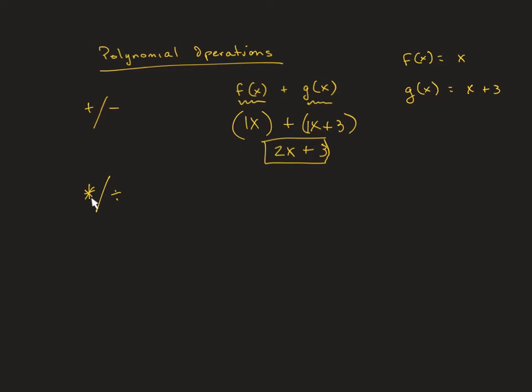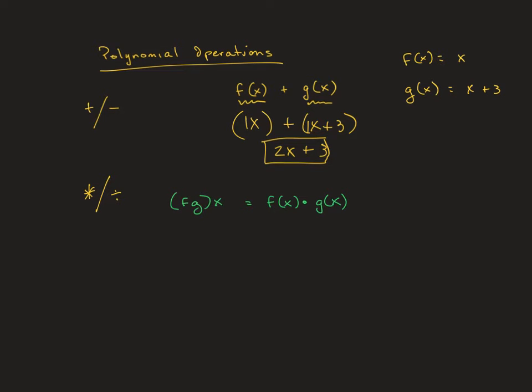Right here, if we use multiplication, if I have f times g of x, that's what that indicates there, not a big deal. Or it could also be the same thing as f of x times g of x.